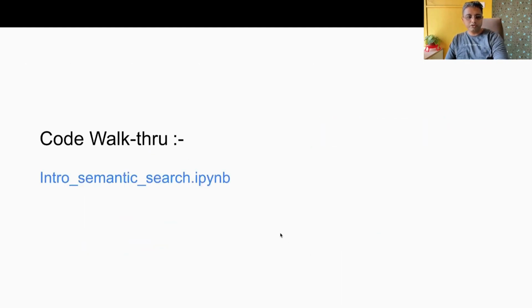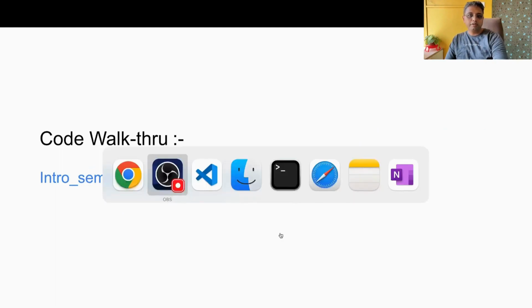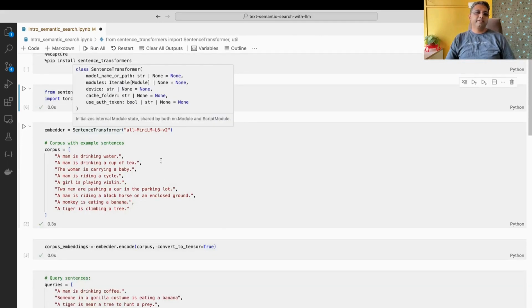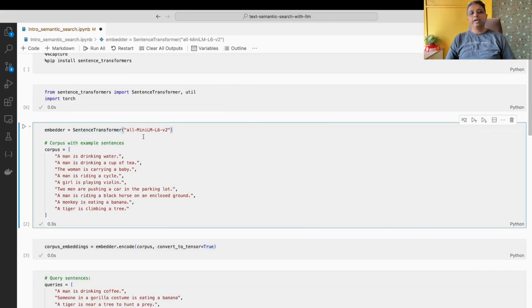Now I will briefly show you the code as well. In this notebook, we are importing certain packages like SBERT sentence transformer, and torch, which we are using for top-k. This is one of the models, the SBERT model, all-MiniLM-L6-v2, and this is our corpus, you can call them documents.